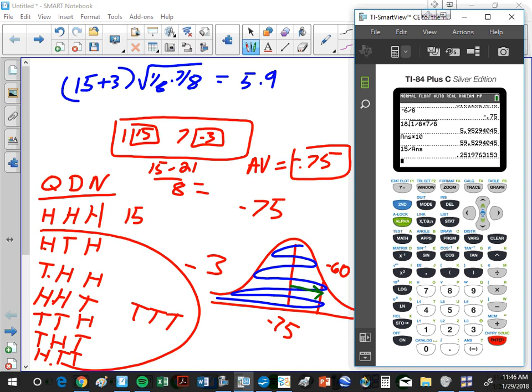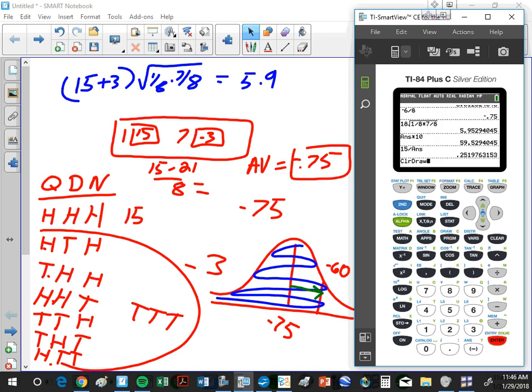Right. So where is negative 60 compared to negative 75? It's 15 units to the right. So my z-score is positive 0.25. And I want to find the area between negative 5 and positive 0.25.